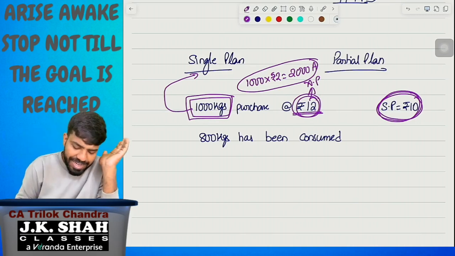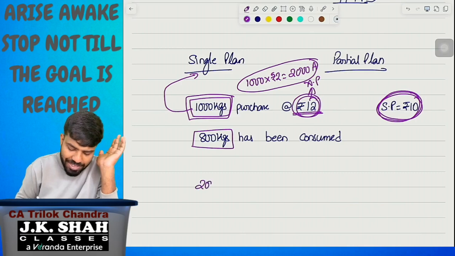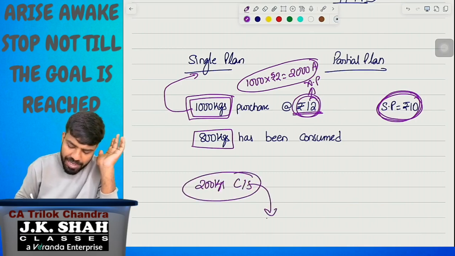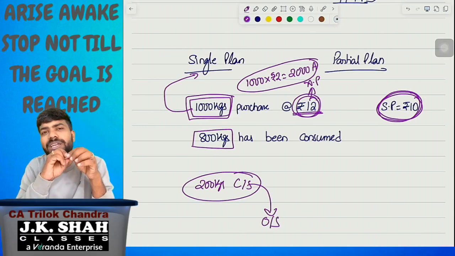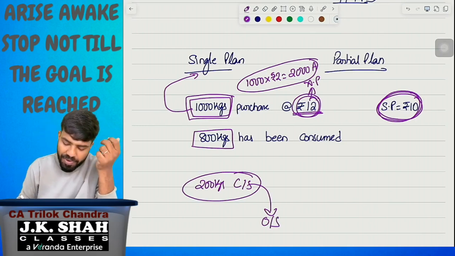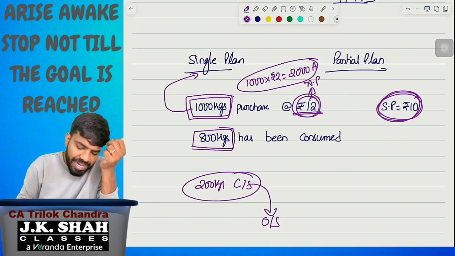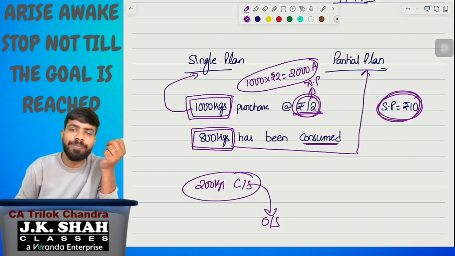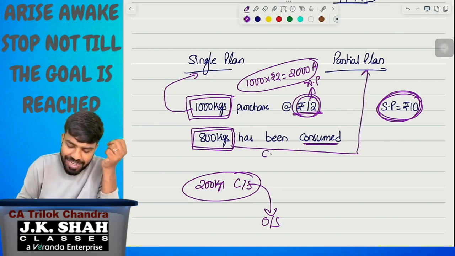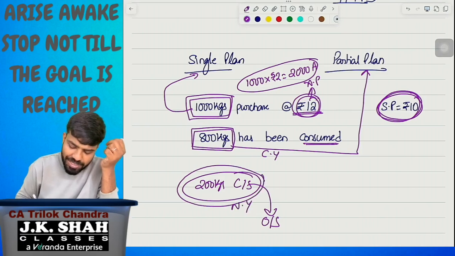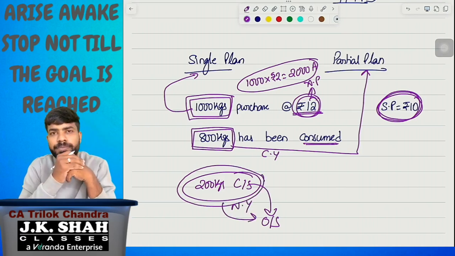Now, if you recognize the price variance for 800 kgs, the balance 200 kgs, which is the closing stock, will be carried forward to the next period as opening stock. So if you recognize only for 800 kgs, to the extent of consumption, we call it partial plan, because it is partially recognized in the current year and partially in the next year. This 200 kgs price variance will be recognized in next year.